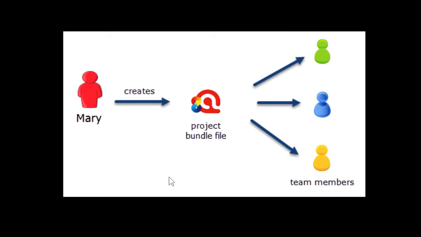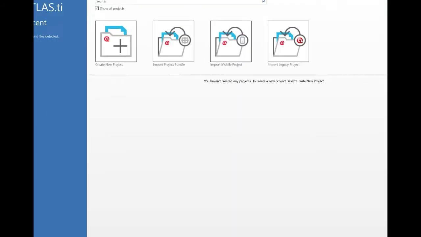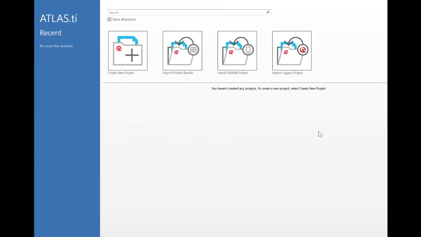I set up a project and then distribute it to team members. What I have also done is I've created a new empty library, and you can watch the previous video to see how this can be done.